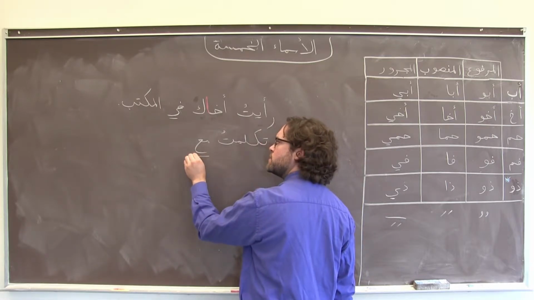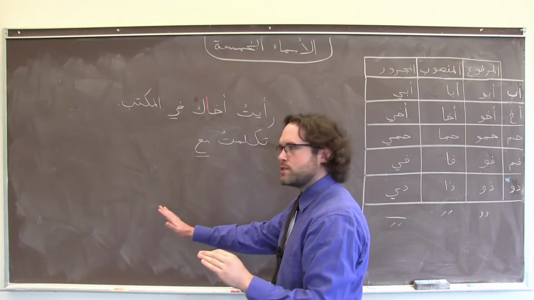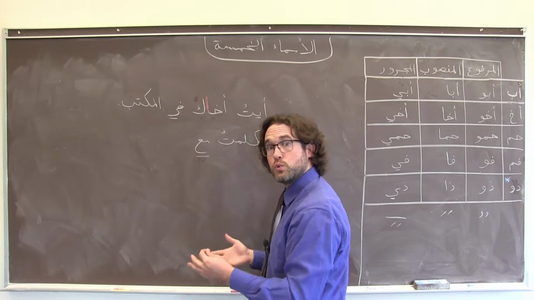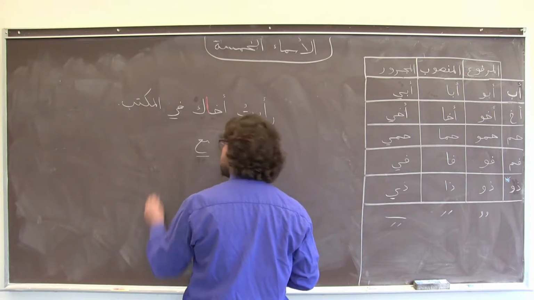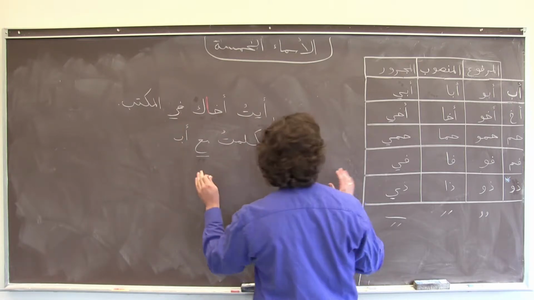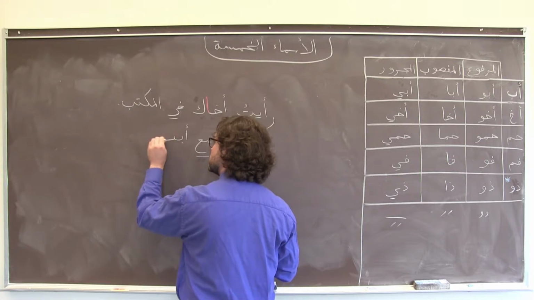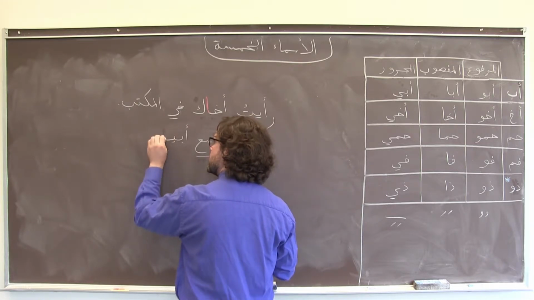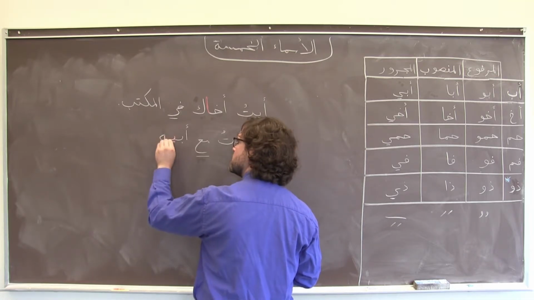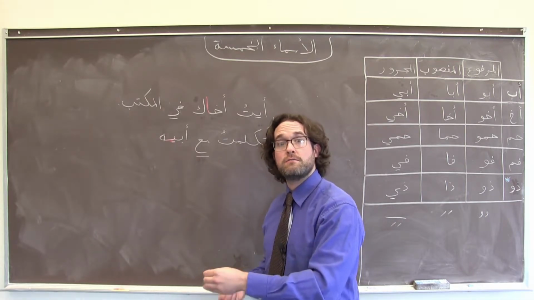Now here I have a preposition, so I know that after a preposition in Arabic I'm going to have a noun in majroor, which means I'm going to take ab and then put it in this special majroor case, which means I'm going to add a ya, and the ya is going to be what changes. تكلمت مع أبيه, I spoke with his father.